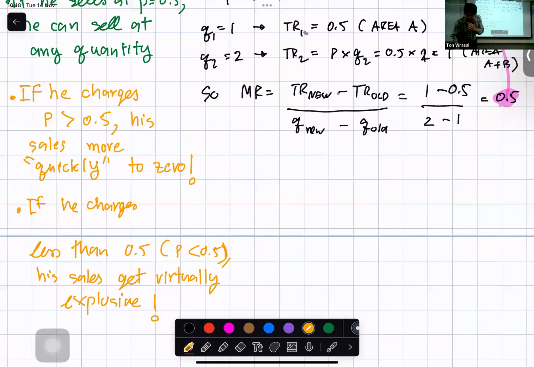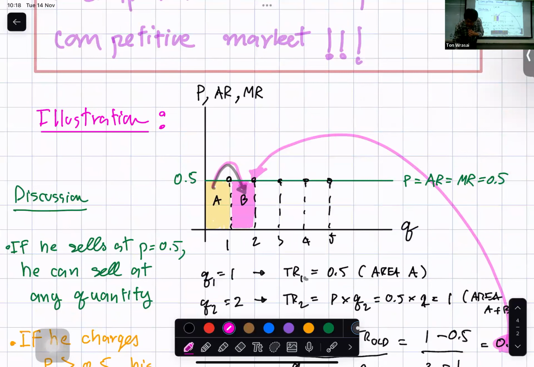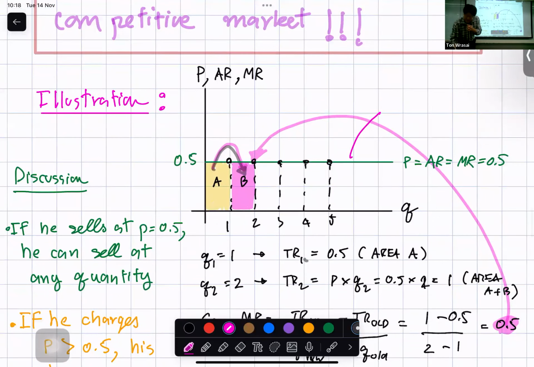So no surprise, this demand curve that he faces, we call it PARMR. This actually represents the demand curve that a firm is facing, which means he understands now that his consumers are very price sensitive.